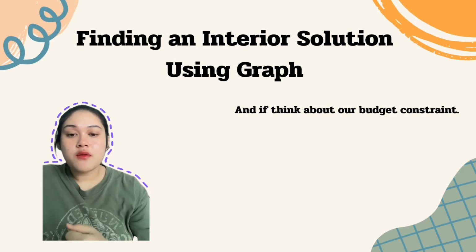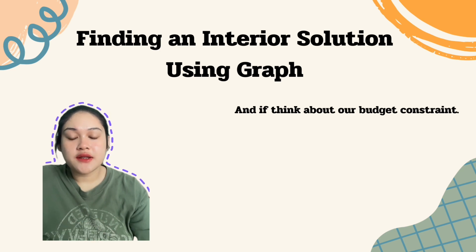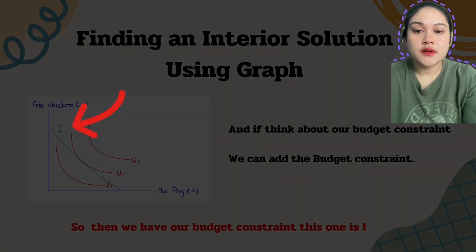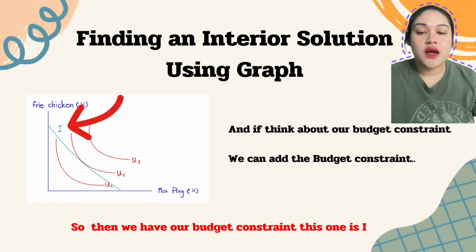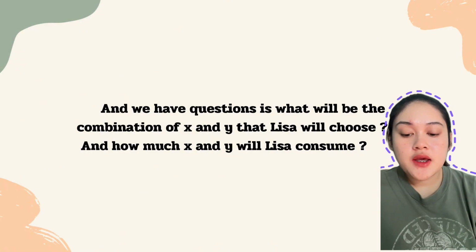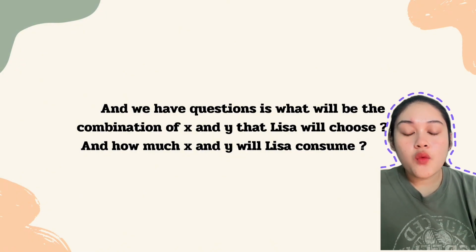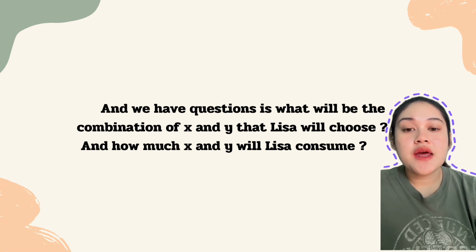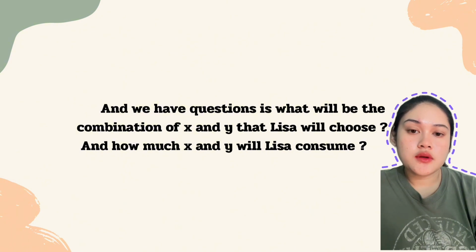And if we think about our budget constraint, we can add the budget constraint. So then we have our budget constraint. This one is I. And the question is, what will be the combination of X and Y that Lisa will choose?